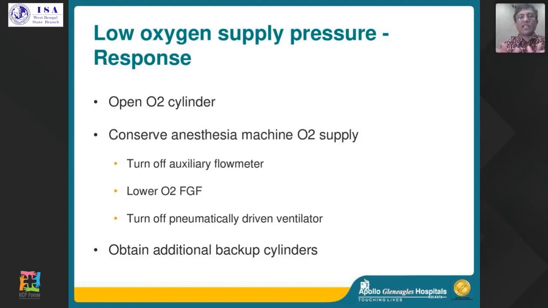If the auxiliary oxygen flow meter was on, ensure that it is switched off. Go down to lower fresh gas flows if you can. If it was a pneumatically driven ventilator, it will require higher flows, so turn it off, go to manual ventilation, and immediately ask for additional backup oxygen cylinders. So this will be your ideal response.